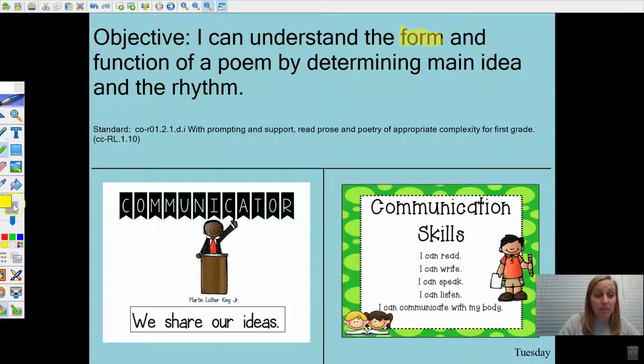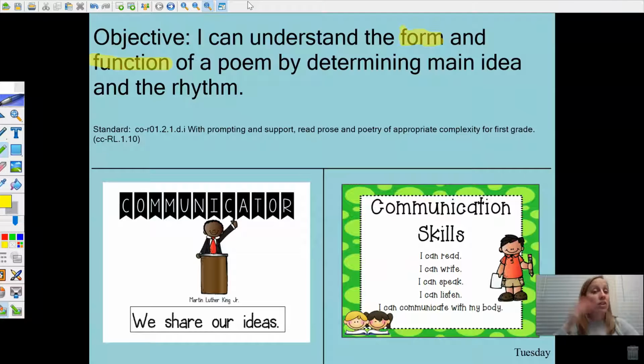Another word we've talked about before, and I'm going to make my pen a little bigger here, is function. Function. How does it work? We're going to talk about the function of a poem and how the function of a poem has rhythm. The function of a poem, it works with a main idea and details that tell more about that main idea.